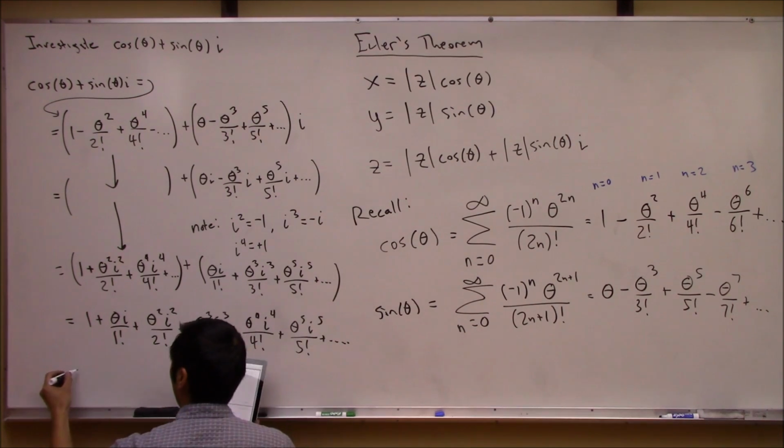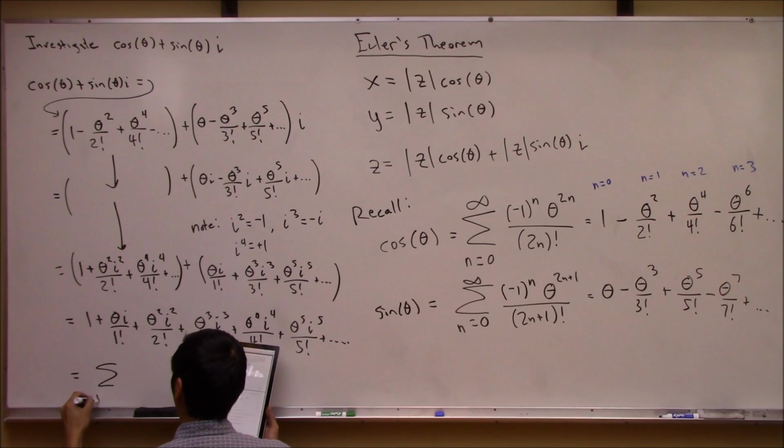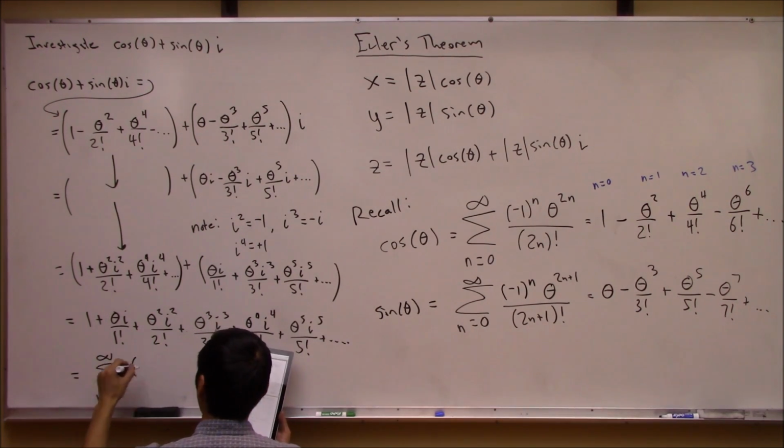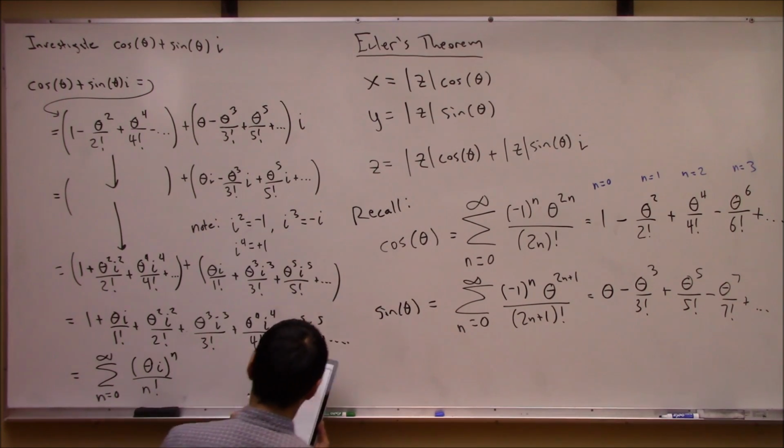This whole thing can be rewritten as the summation from n equals 0 to infinity of the quantity theta I to the n all over n factorial, right?